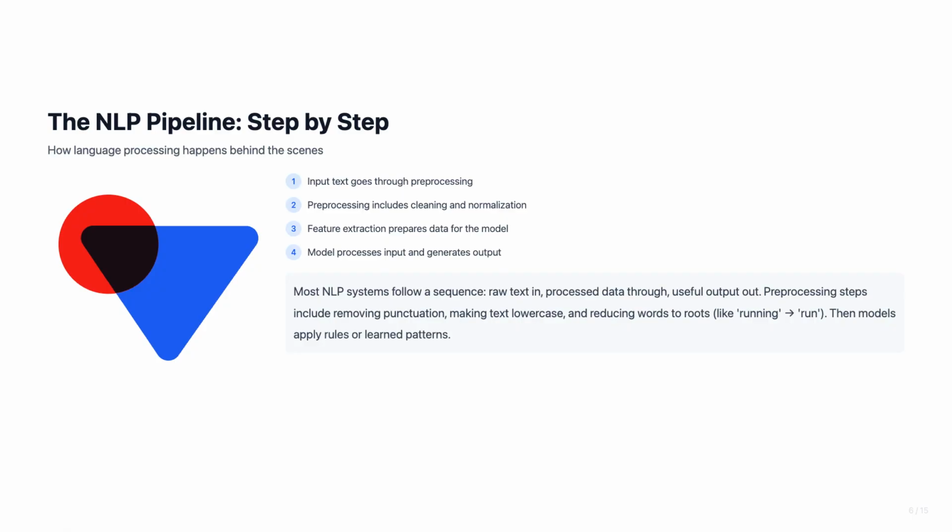Finally, a model, maybe a rule-based system or a trained AI, analyzes the data and decides what to do. For example, if you say, "I want a refund," the system classifies your intent and routes you to the right help. Early NLP used hard-coded grammar rules, but today's systems learn from massive datasets using machine learning.